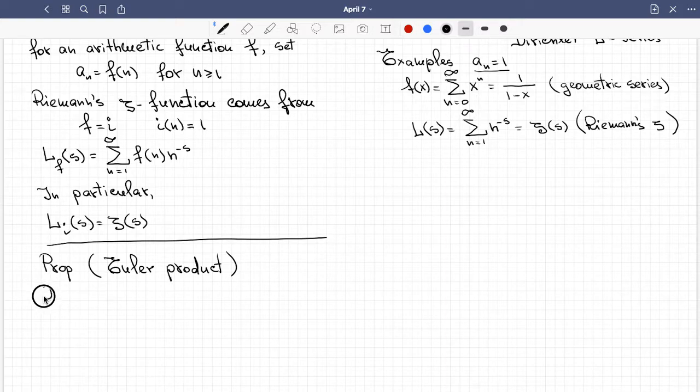Let f be a multiplicative arithmetic function.